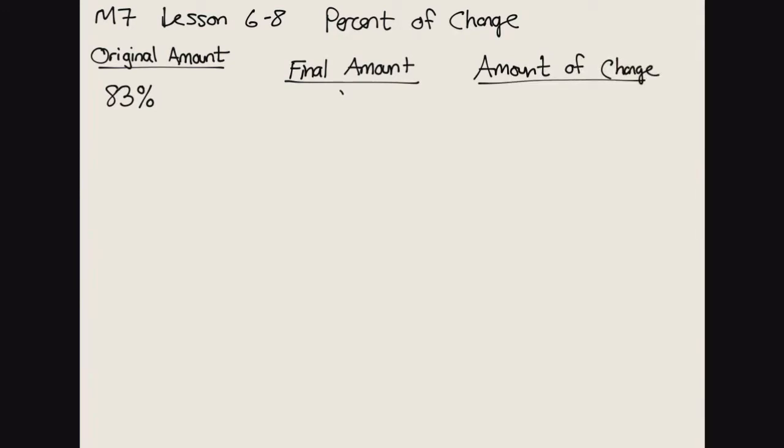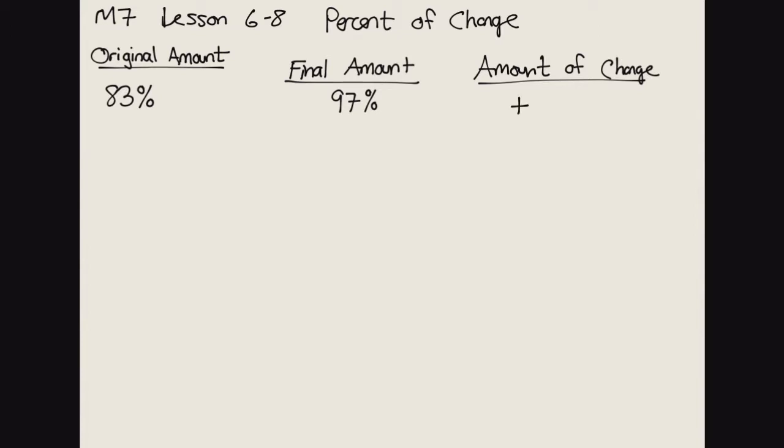So the final amount is a 97. What is the difference between 97 and 83? How much has that changed? Has it gone up or down? We would say it's been an increase, so we put a plus because that means positive.